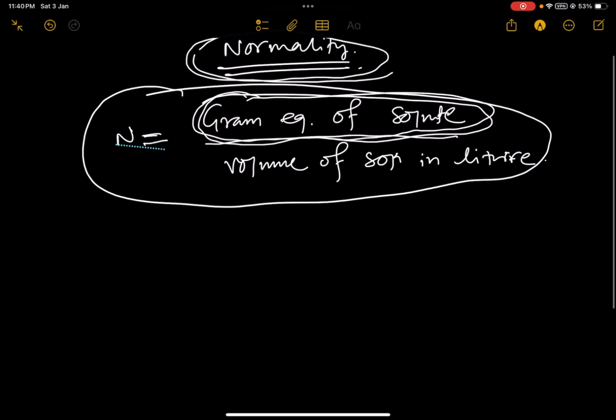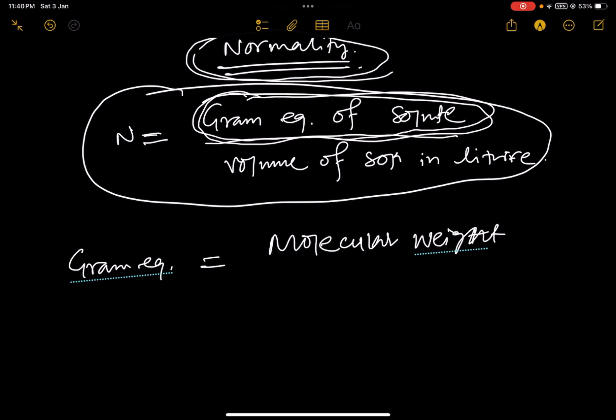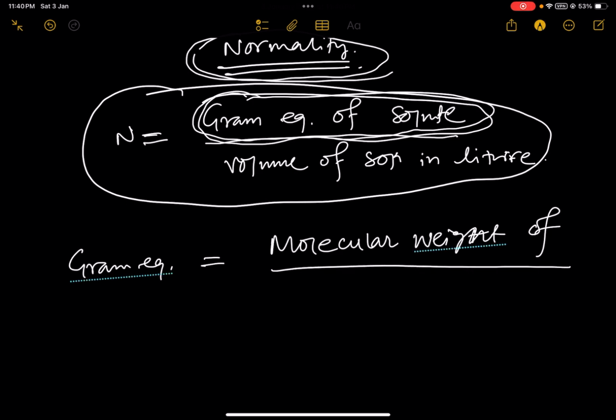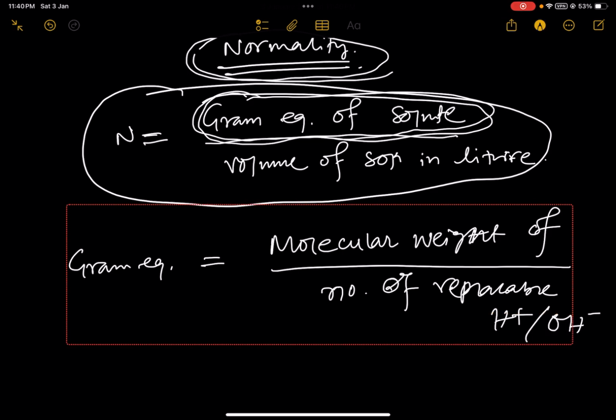Gram equivalent says molecular weight of an acid or base divided by the number of replaceable H plus or OH minus.